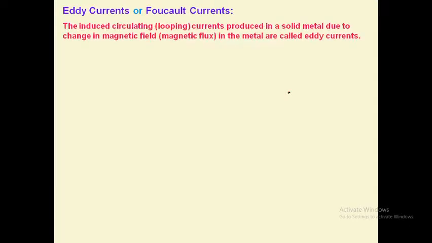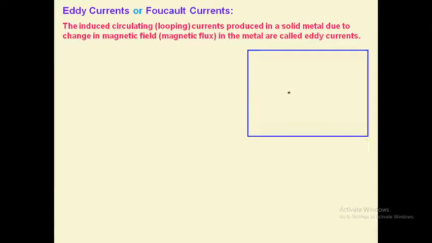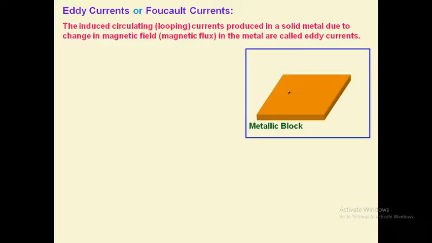So how are eddy currents produced? See, if you have a metallic block and if the magnetic flux linked with it gets changed, then the induced current is set up in the form of small circular loops. These loops look like eddies in water.